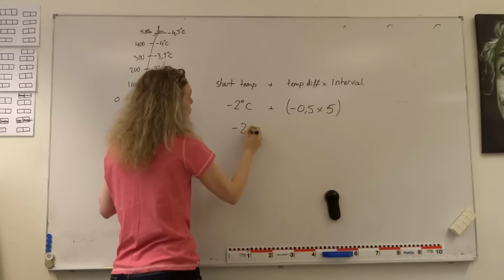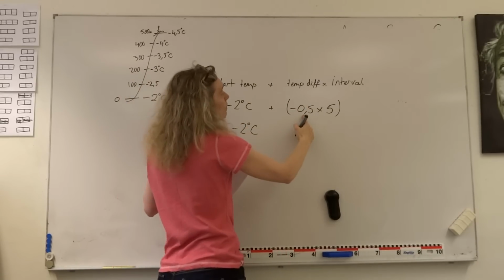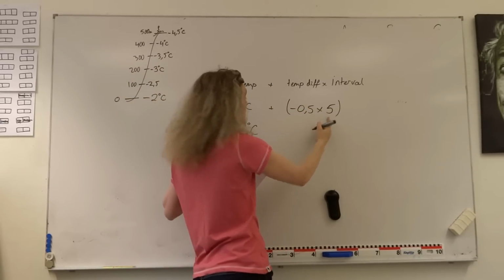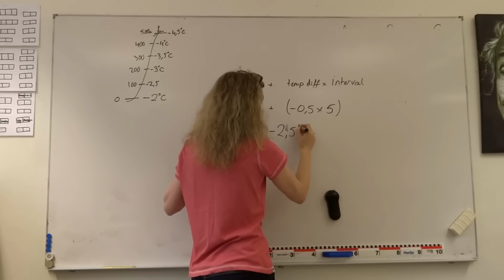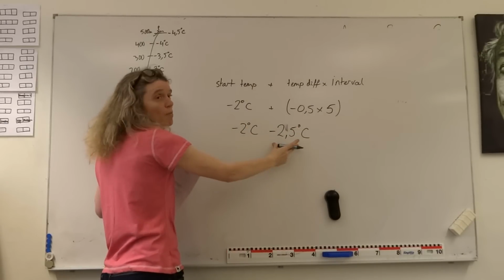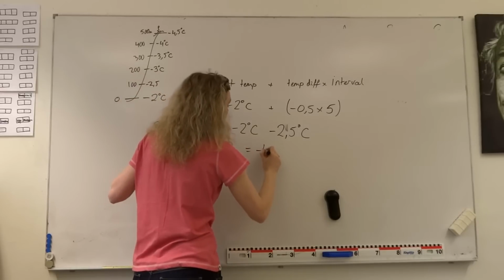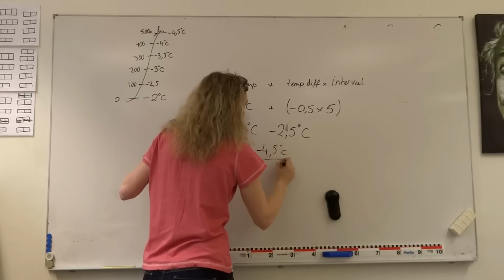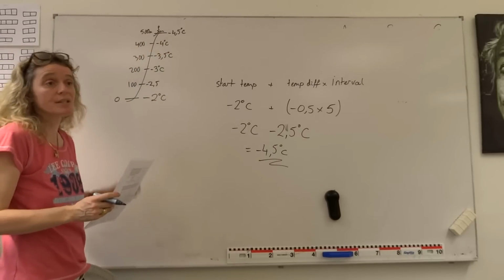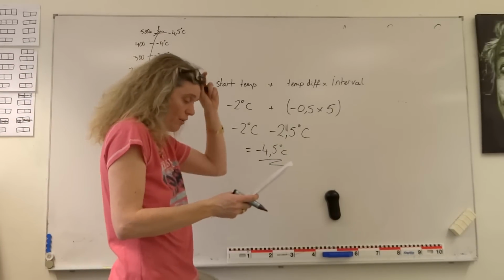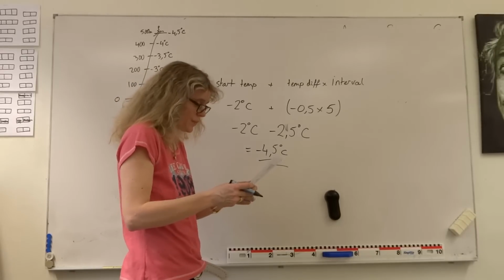So we'd get -2 degrees centigrade, -0.5 times 5 will give us -2.5. So we get -2, -2.5, giving us -4.5 degrees centigrade. So the temperature at the top, where the player starts, is -4.5 degrees centigrade.